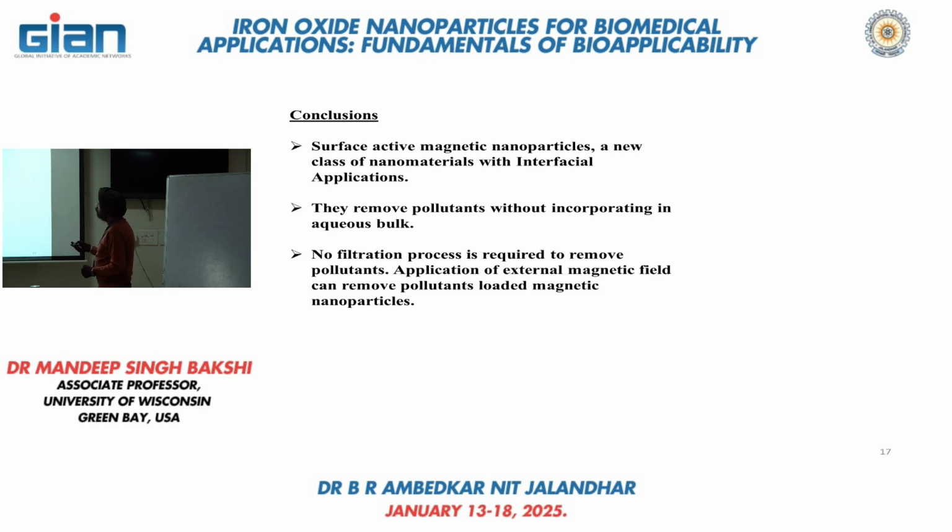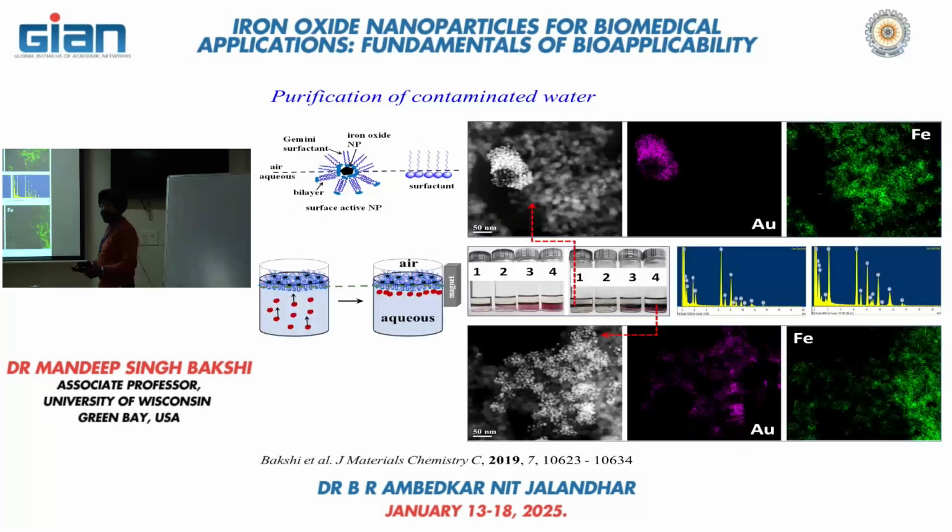They remove pollutants without being incorporated in the atmosphere. You see, they are removing the pollutant, but they are not incorporated; they remain at the interface. That is the beauty of surface active iron oxide nanoparticles. Otherwise, there are other chemical methods where you are putting in chemicals.